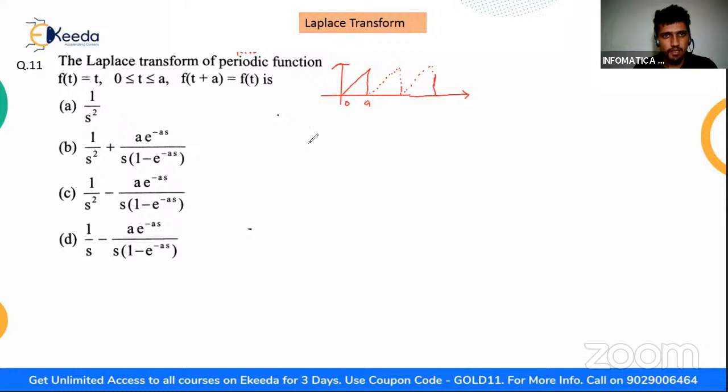Then only we can say that the Laplace transform of this complete signal, F(s), will be the Laplace transform of this small signal upon 1 minus e to the power minus Ts. Suppose I take the whole signal as another convention. So this will be F1(s) upon 1 minus e to the power minus Ts.